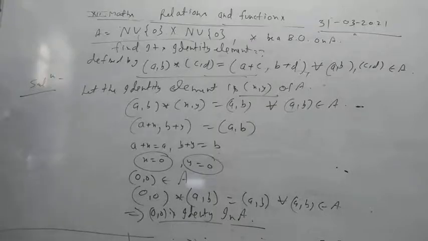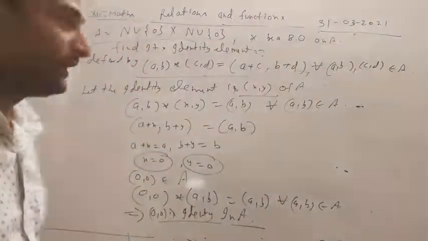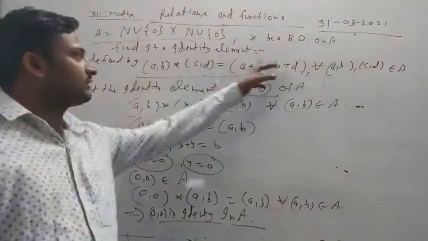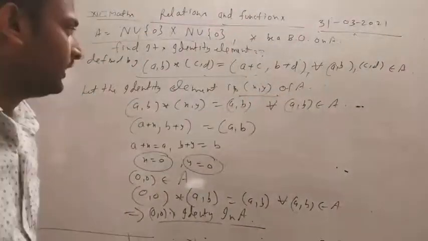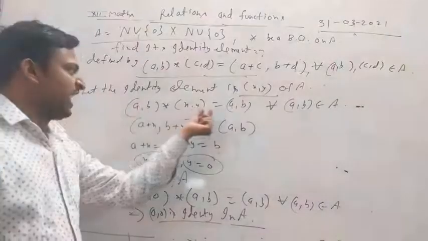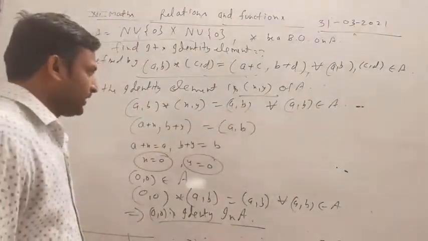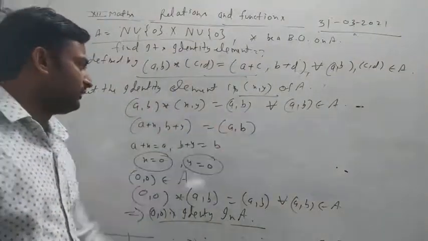Because our set is given in the form of ordered pairs, that's why we have taken our identity element as (x, y), which belongs to A. Now we know a star E is equal to a. So students, (a plus x, b plus y) is equal to (a, b).